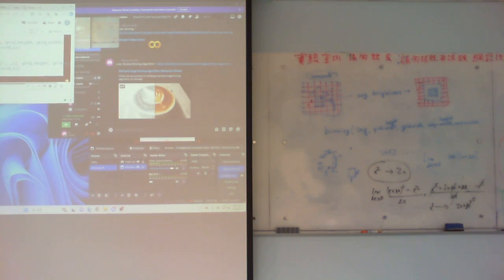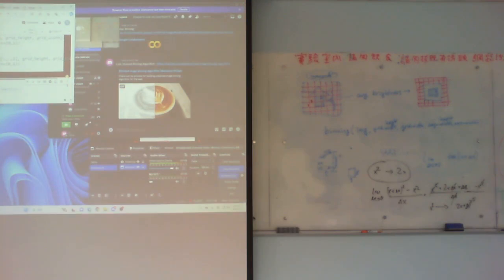Then I generate an out image. And actually, let's make the borders all white.